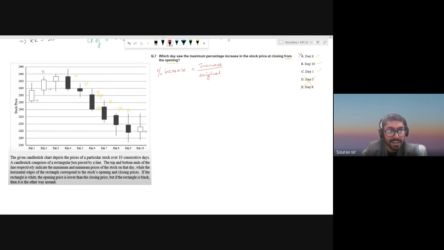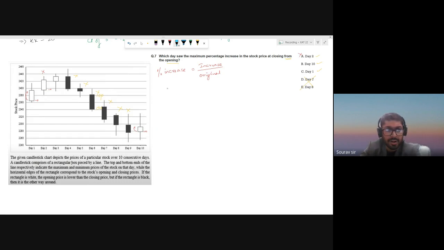Okay. Now let us check the change, the actual change. We read the values from the graph. You can just eyeball it, okay? But don't try to go into decimals, just try to keep it in multiples of 5.